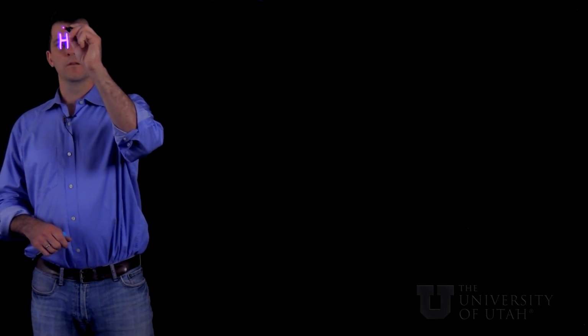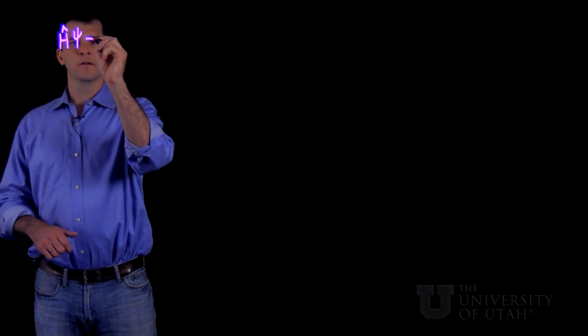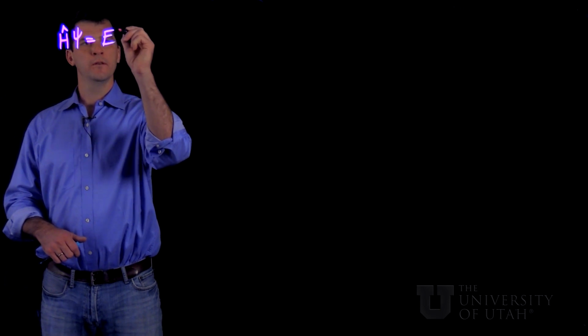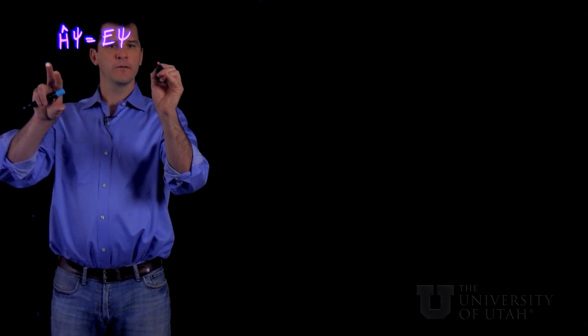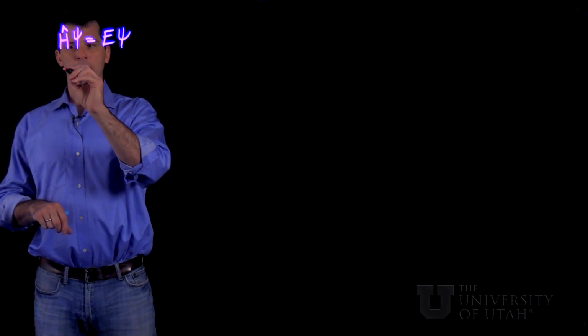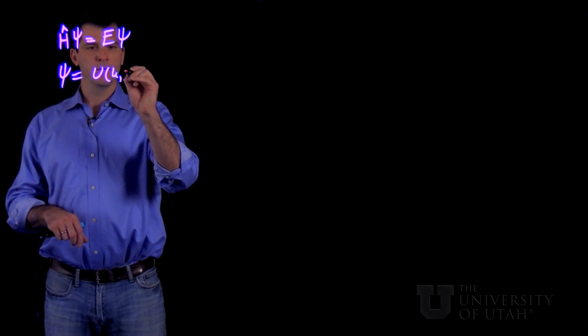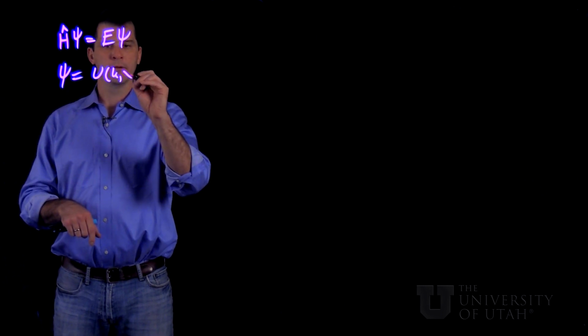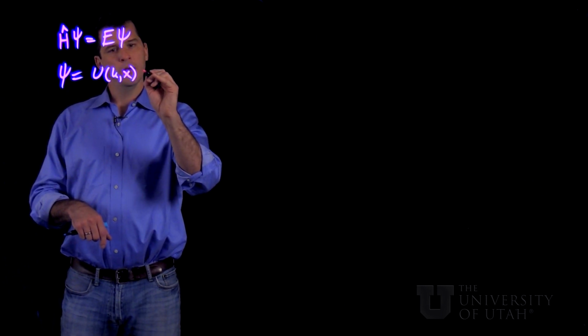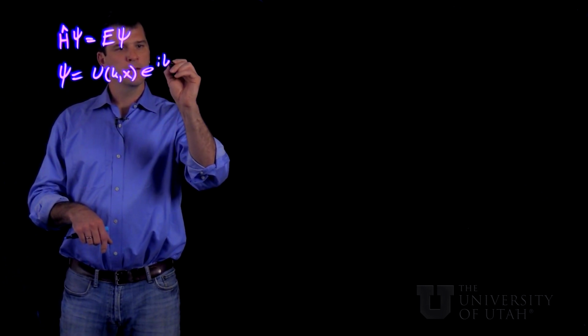I'll illustrate now the procedure that we just went through. So we can write our Schrödinger equation as H psi equals E psi. And we plugged in the Bloch solution. So we plugged in our guess that psi equals u of k, and I'm going to switch to x because we're doing a one-dimensional problem, times e to the i kx.